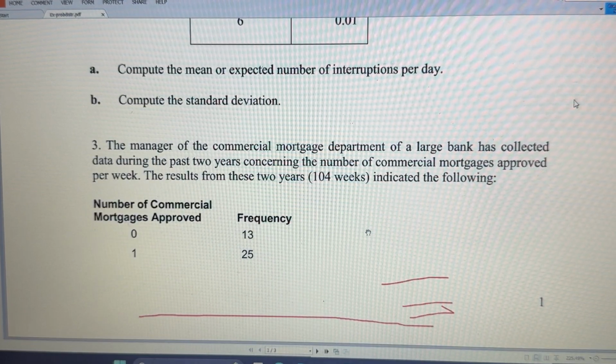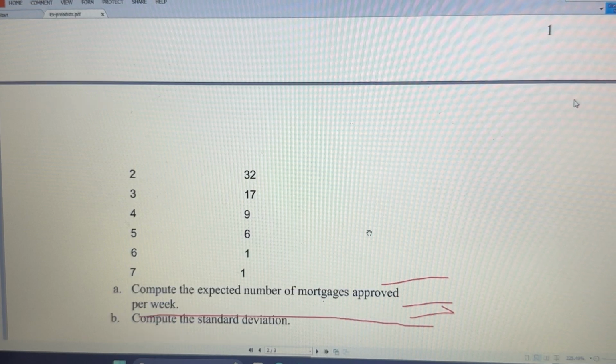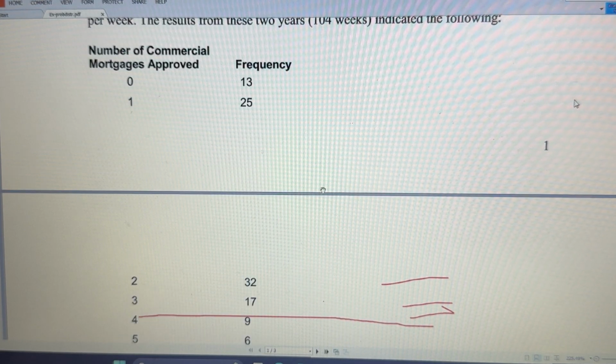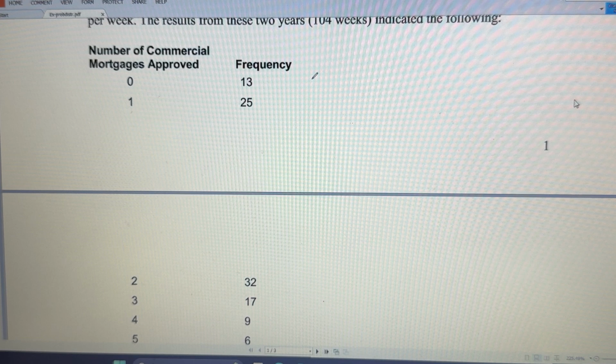Number 3, also similar. Now in this case, you have to convert this, which is given as a frequency. Now if you want to use this as a probability, then you have to convert into relative frequency. So the relative frequencies means, out of total, now the 30 divided by the total.